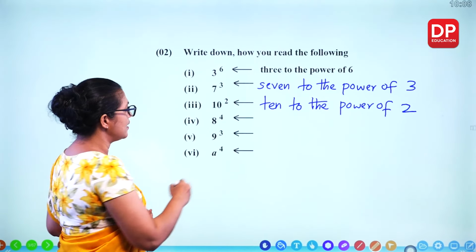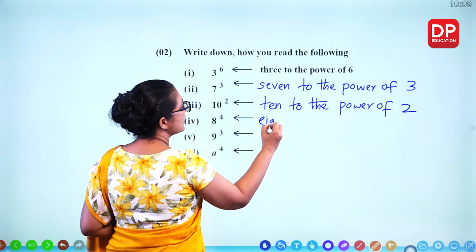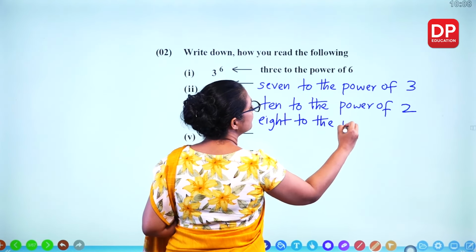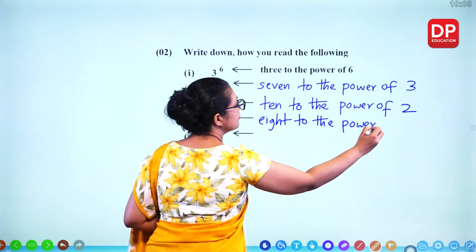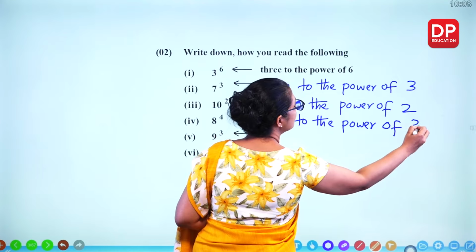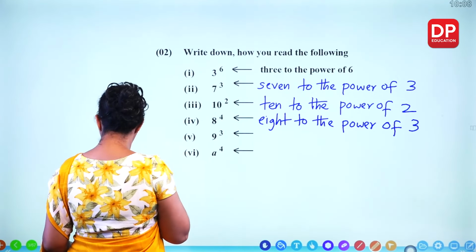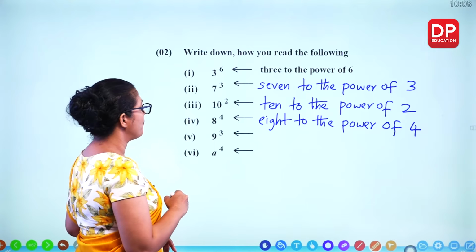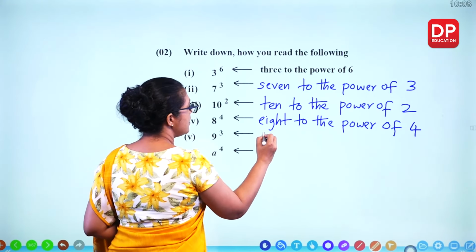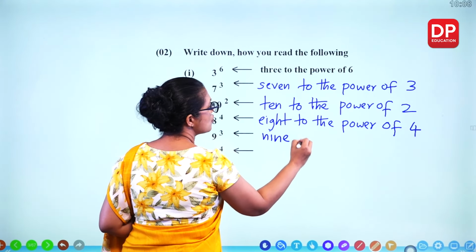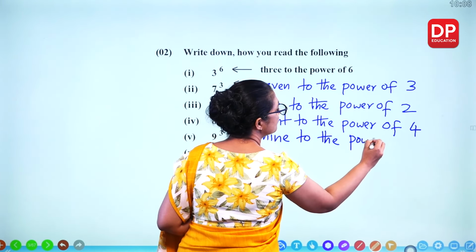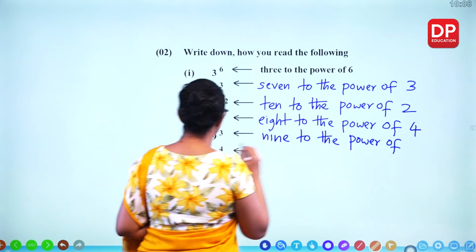What's this one? 8 to the power of 4. This one, 9 to the power of 3.